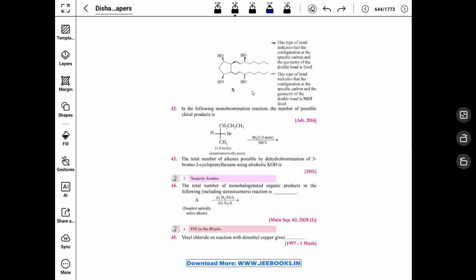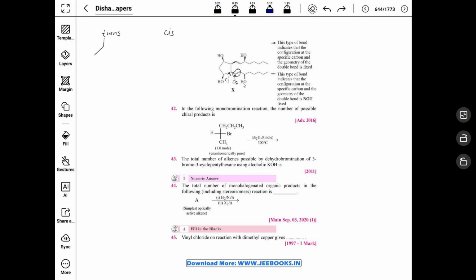So we have to think how many possible stereoisomers it can have and how many of them are optically inactive. If you see, at this double bond we can have two possibilities, one is trans and another is cis. And in case of trans, let's label this carbon as first and this carbon as 2.